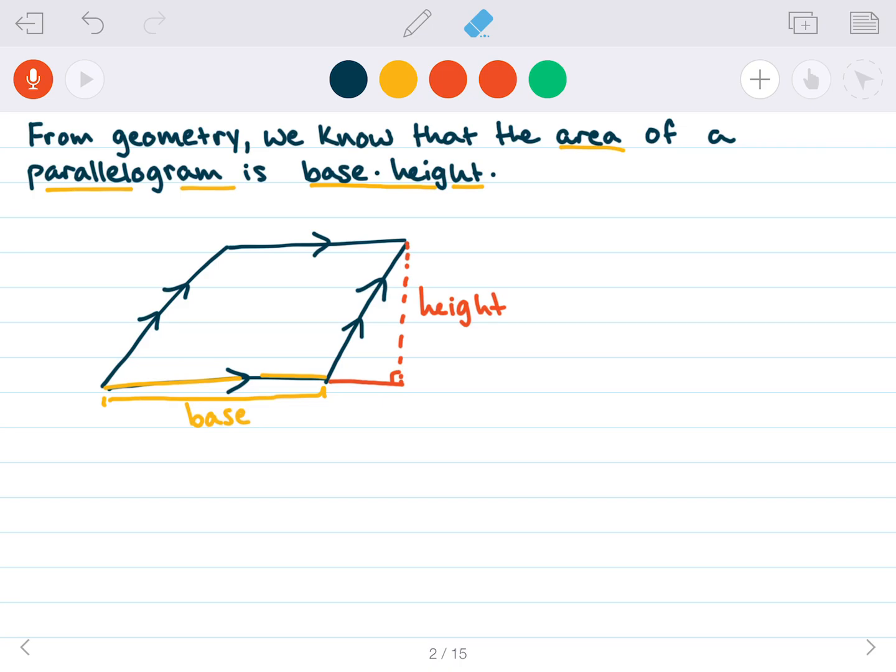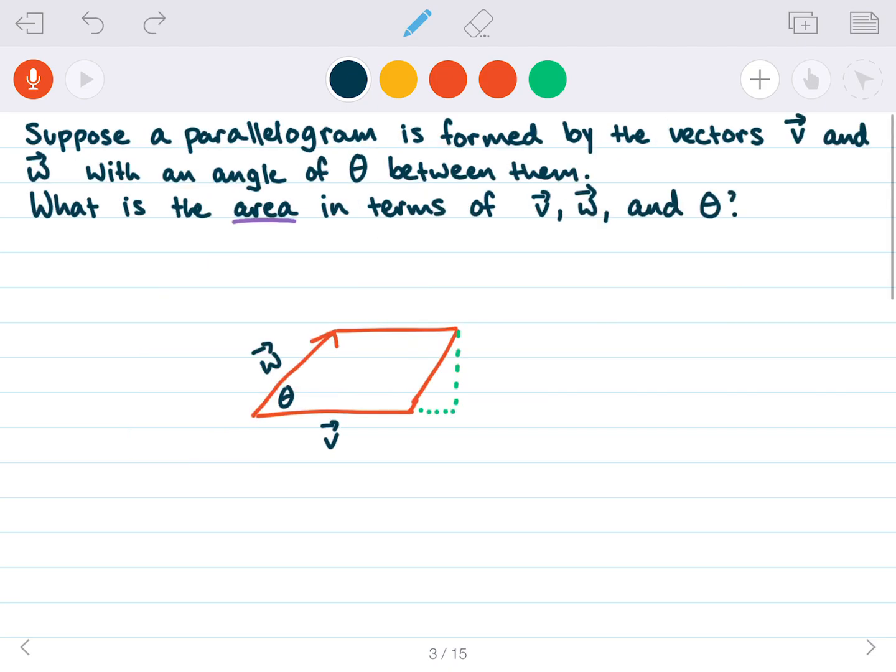Now, in geometry, you talked about a formula for the area of a parallelogram: area is equal to the base of the parallelogram times the height of the parallelogram. We can see here that our base is just the bottom, and our height is the length from the very top of the parallelogram to the very bottom, perpendicular to the base, okay? So that was our definition from high school geometry.